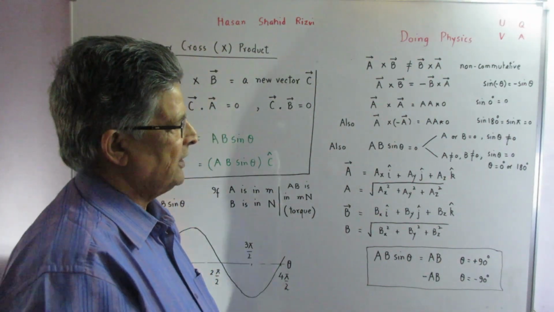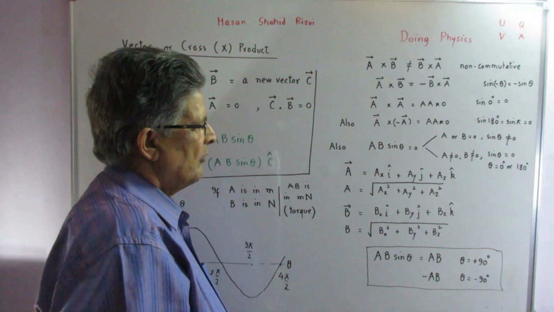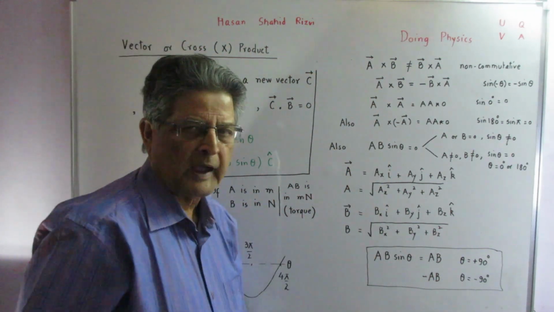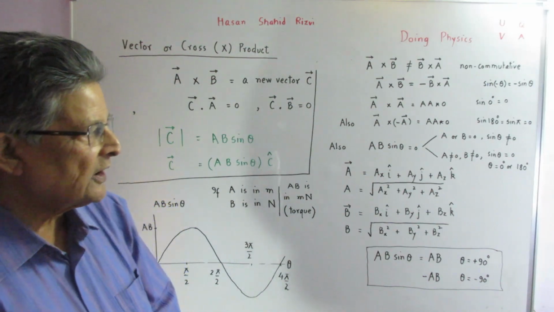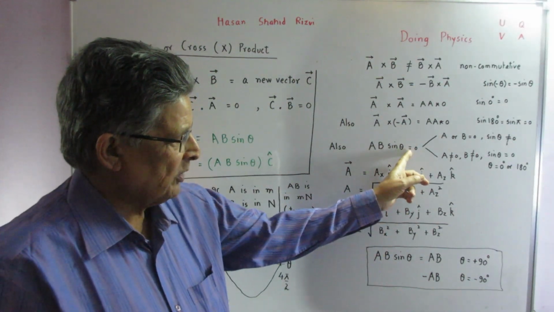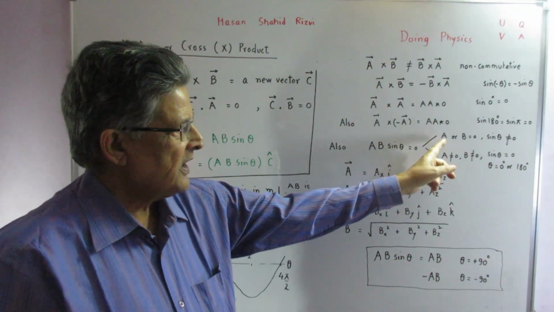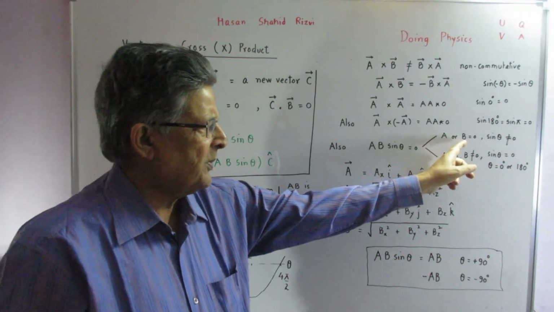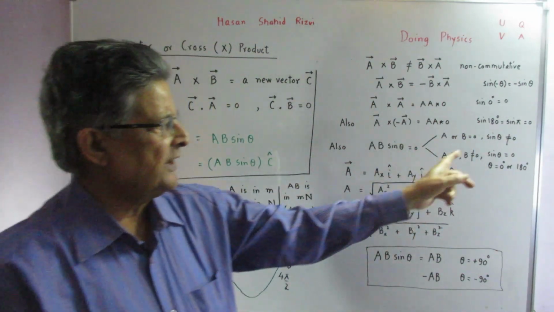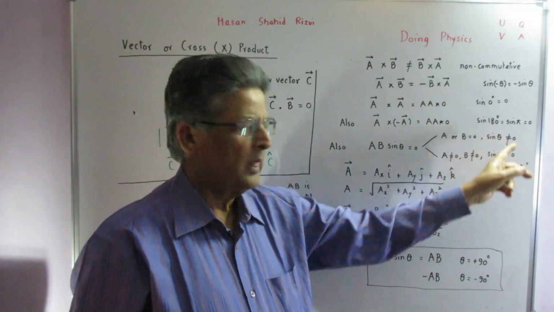Now let me tell you the conditions under which AB sine theta, the magnitude of the vector C, will turn out to be equal to 0. In the first instance, it is 0 if A or B or both of them is equal to 0, even though sine theta is not equal to 0.